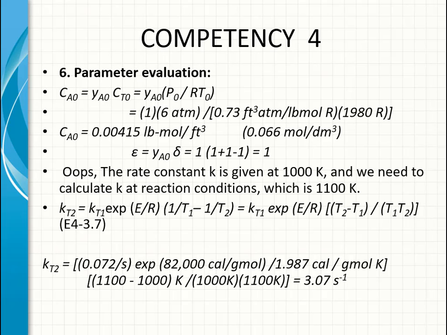But the rate constant k, we have it at 1000 K, but we need it at 1100 K. So we use the Arrhenius expression: k at temperature T2 is equal to k at temperature T1 times exponential of E divided by R, which E is the activation energy and R is the gas constant, times 1 divided by T1 minus 1 divided by T2.